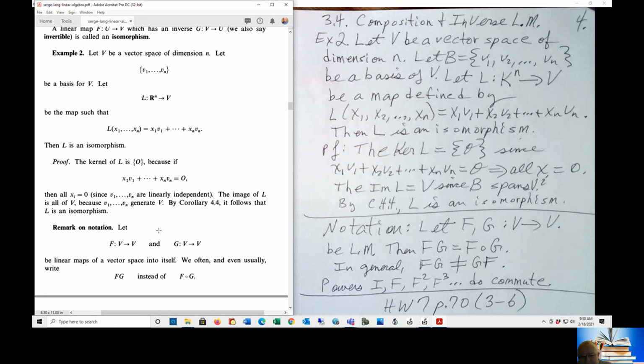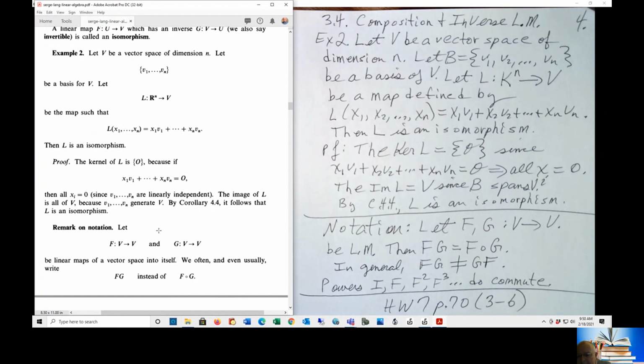Okay? Now, just as a matter of notation, oftentimes we'll leave off the little circle when we're dealing with composition mappings and just say that FG equals F circle G. And again, remember that in general, compositions are not commutative, right?